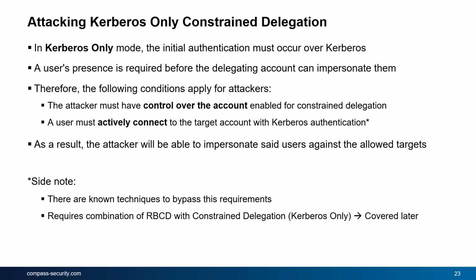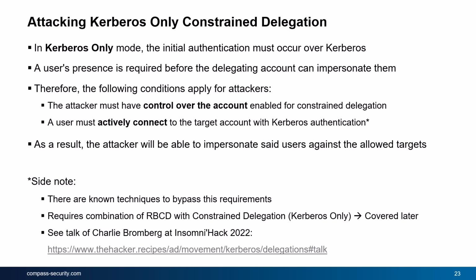Especially, what you can do is combine resource-based constrained delegation with constrained delegation in the Kerberos only mode. This will be covered in more detail in the last part of our video series. If you want to know more about this as well, I can recommend the talk of Charlie Bromberg from Insomni'hack 2022.